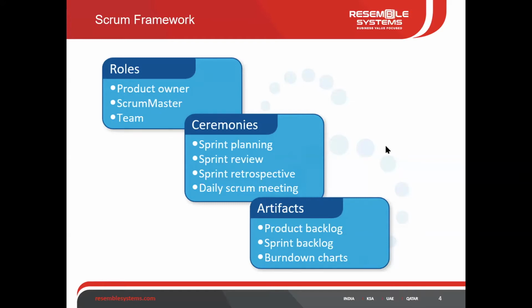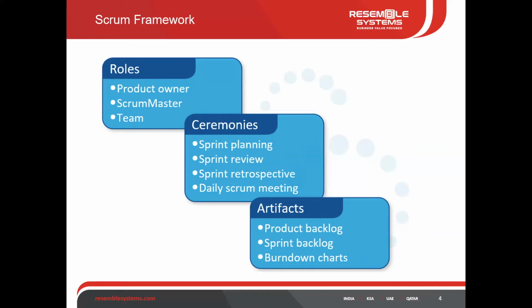So I will go ahead. Now let us talk about the Scrum framework. It is very important to understand what things are included, or what artifacts are included in a Scrum framework. To start with, you need people or roles associated with Scrum. Then you need ceremonies.